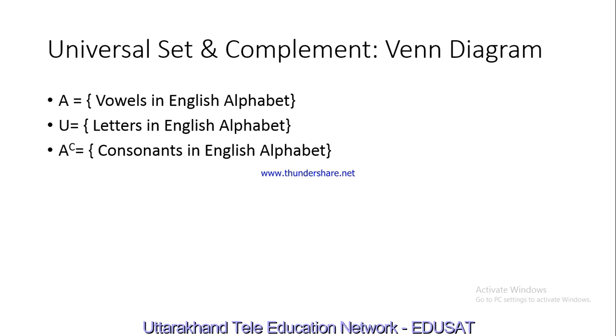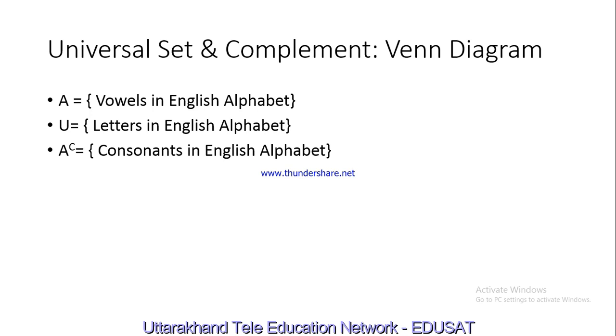They are basically 21 in number. So that is why A complement will be a set of only the consonants, because consonants are those elements which are part of the universal set but they are not part of the set A, because set A only contains vowels. Is this understood?